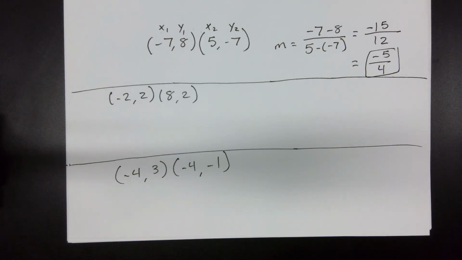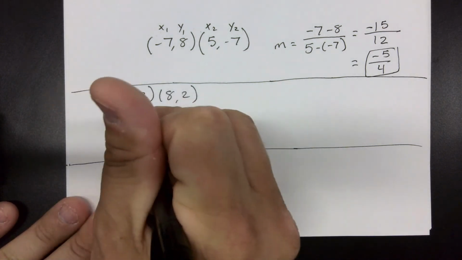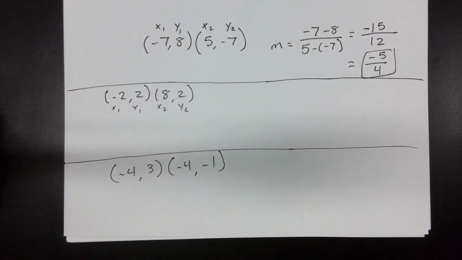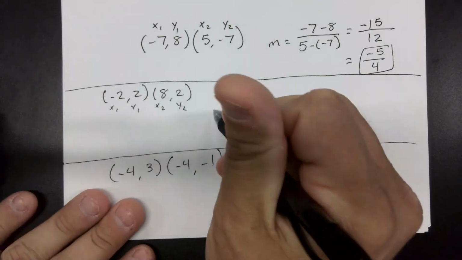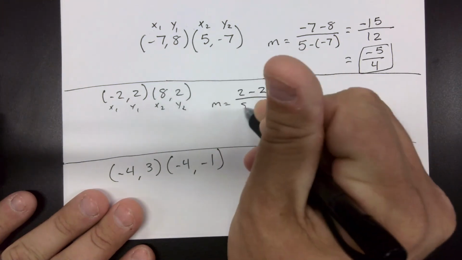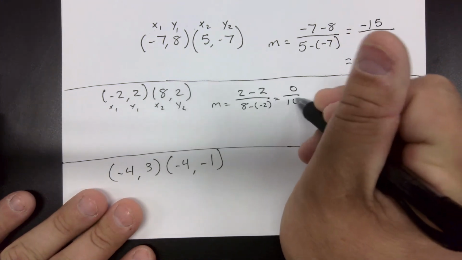Okay, here we go. Ready? We always label first. X1, Y1, X2, Y2. So we're going to plug them in. M equals y2 minus y1 over x2 minus x1, or 0 over 10.